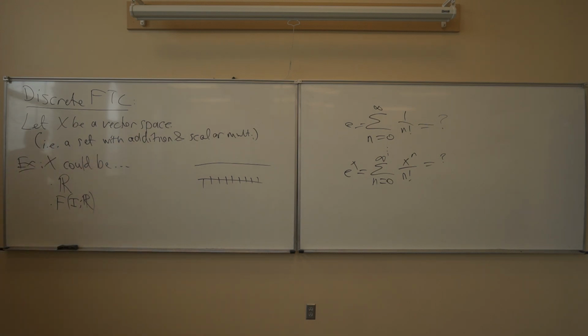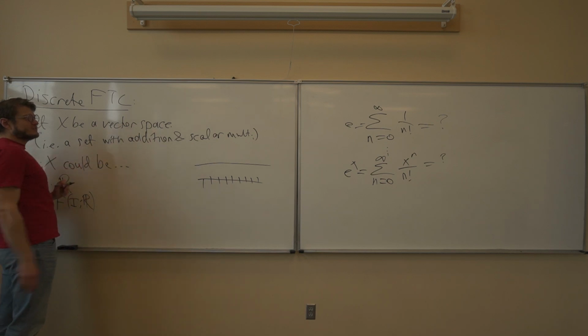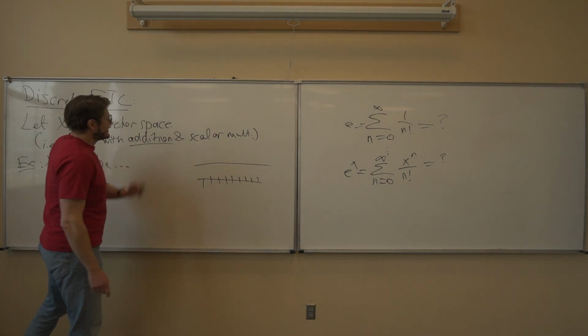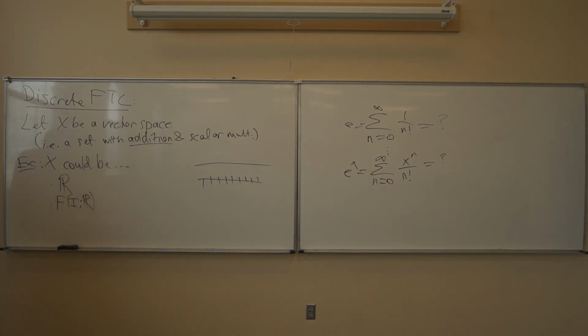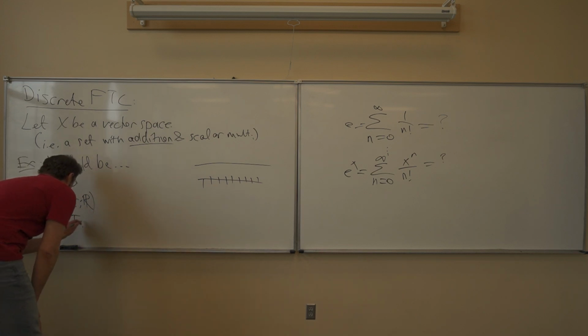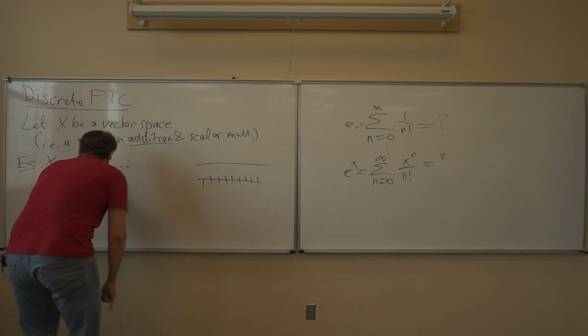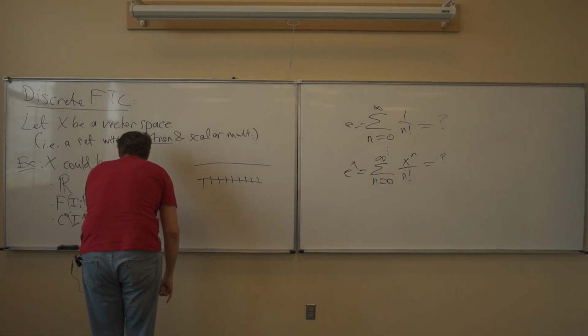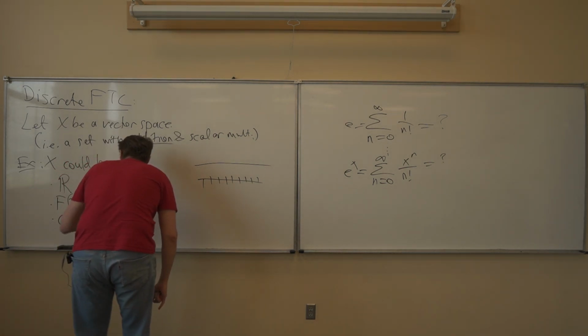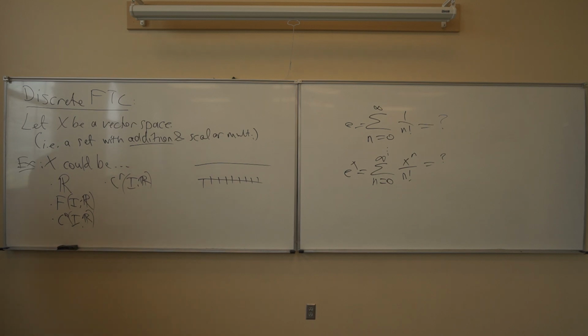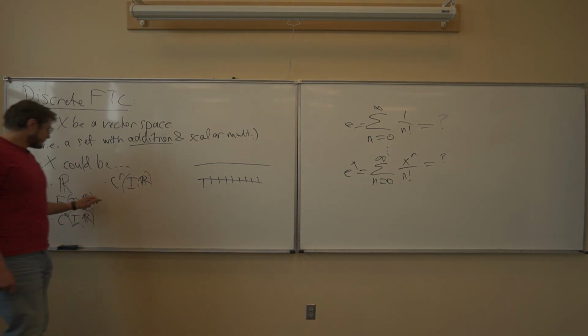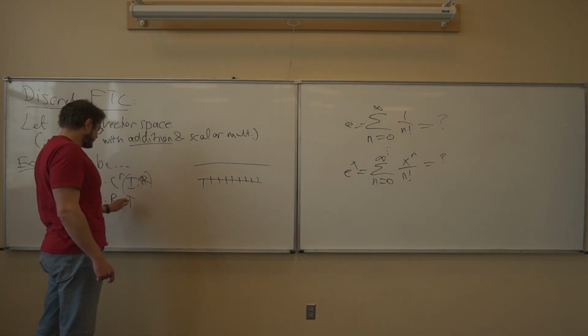They have more structure in general, but for the fundamental theorem of calculus, vector space structure is going to be sufficient. And in fact, all we need really is addition and subtraction. So maybe C0, CR, R times continuously differentiable functions, infinitely many times continuously differentiable functions, Riemann integrable functions, bounded functions, whatever.